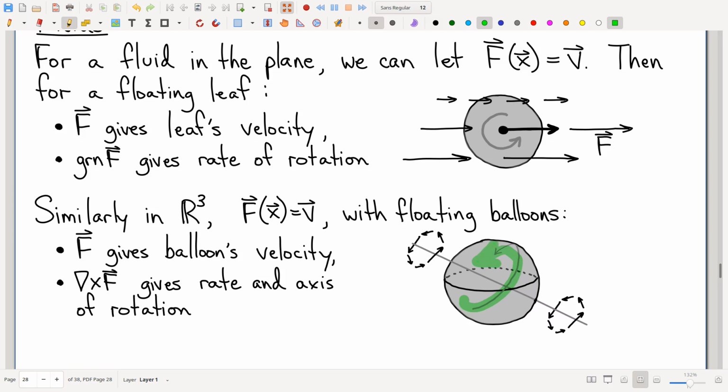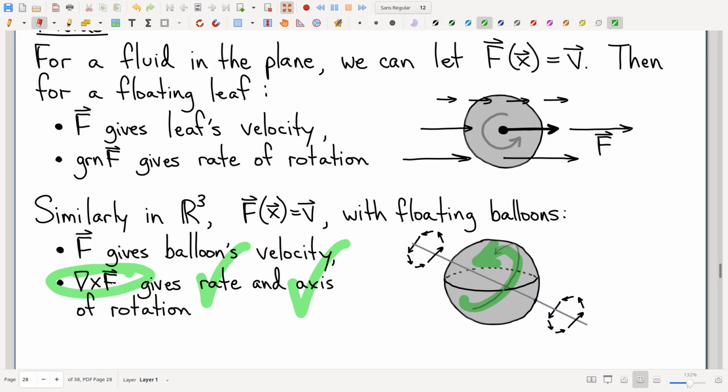What sort of axis is it going to be spinning around? Again, it's going to do what the air does. The curl of the flow field tells you how the air might have some sort of rotational element in it, and the balloon's going to do the same thing. So the curl gives you, in some sense, the rate and the axis of the rotation per that picture. What do you think? Everybody buy it?